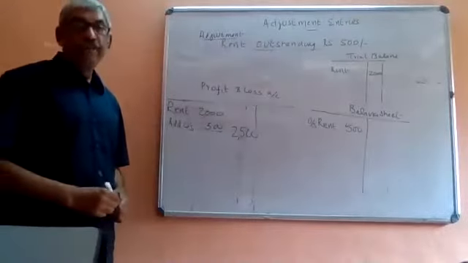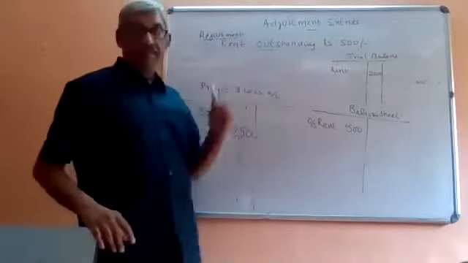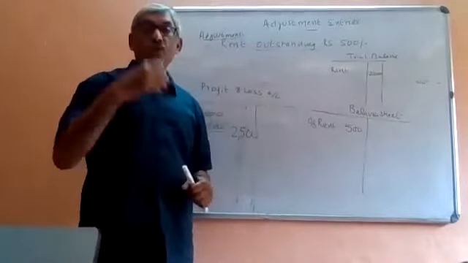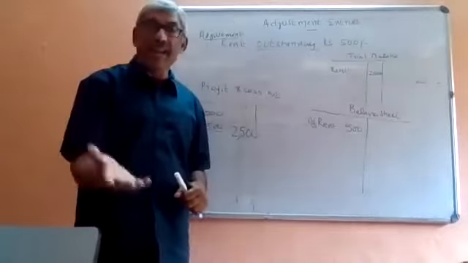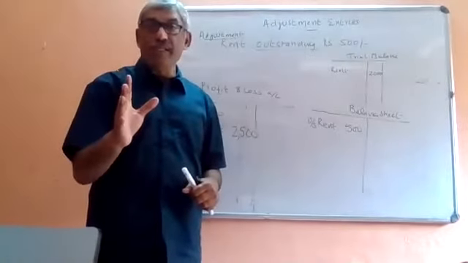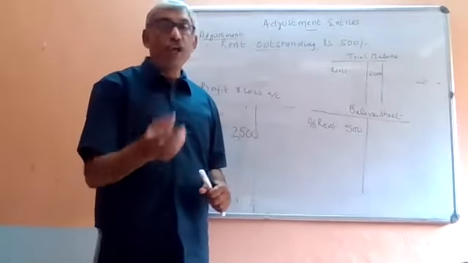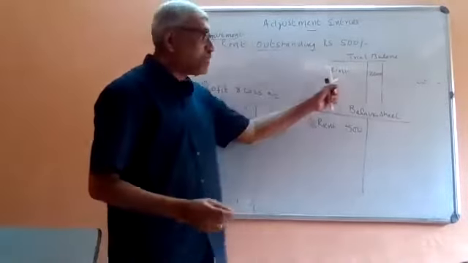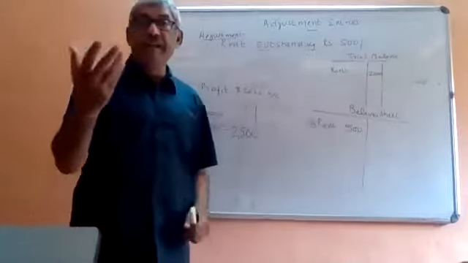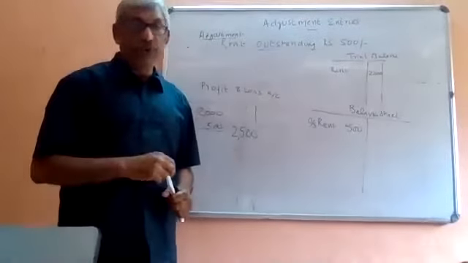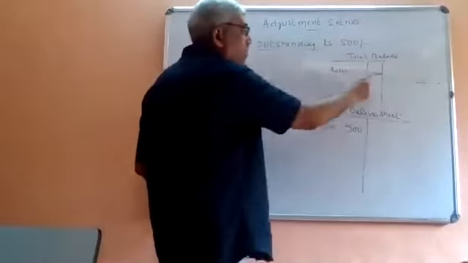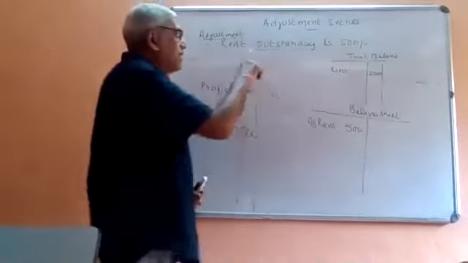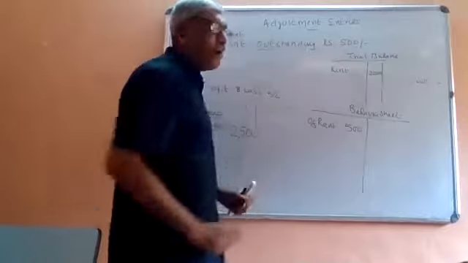Clear? See, whenever you get outstanding, it can be outstanding wage, outstanding insurance, outstanding rent, outstanding salary. So what you have to do is, whenever you get outstanding, you have to add that outstanding amount with the expense that is given in the trial balance. Like there is already an expense of rupees 2000 we have paid, but there is an outstanding rent of rupees 500.